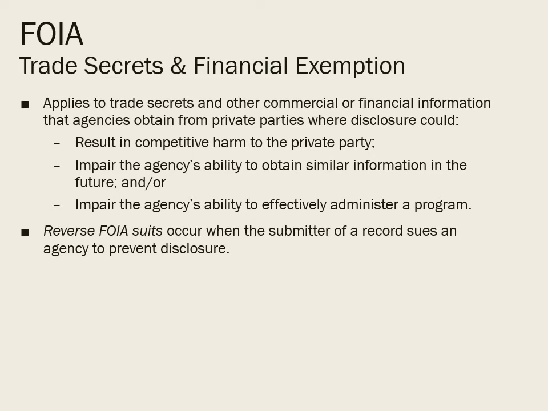Similarly, you've got the trade secrets and financial information exemption. This is actually one of the most frequently invoked exemptions, and it applies to trade secrets and other commercial and financial information that agencies obtain from private parties.